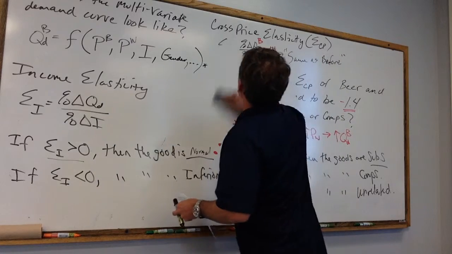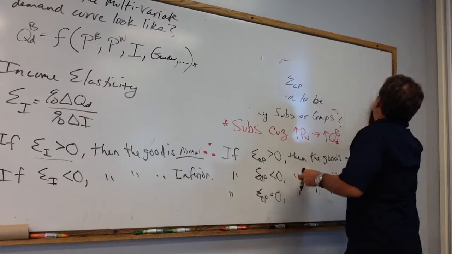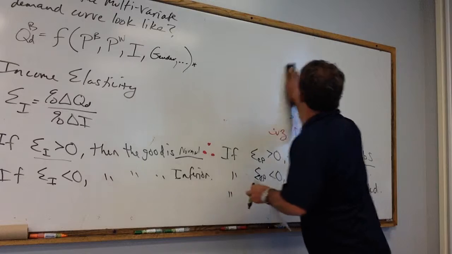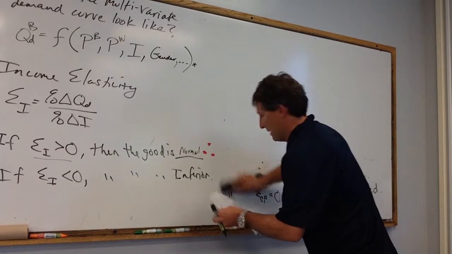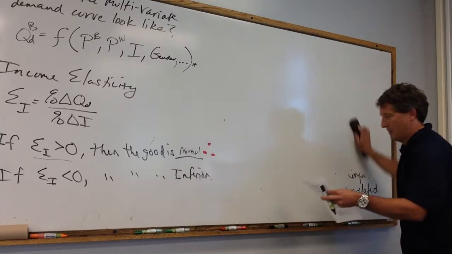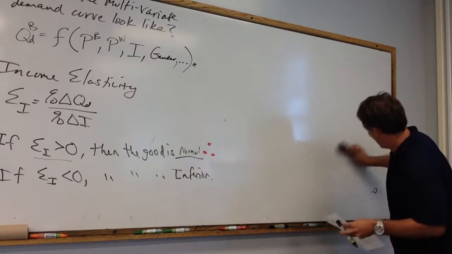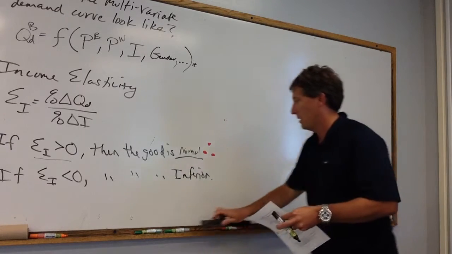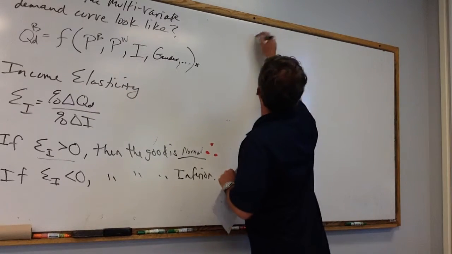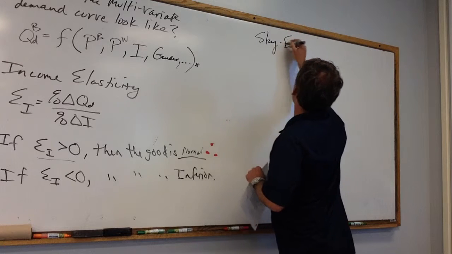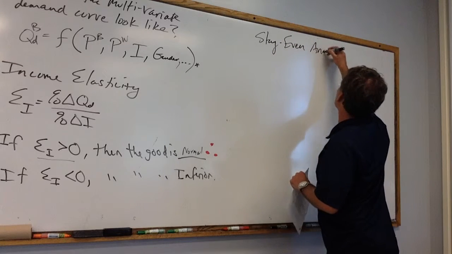All right, so let's see. The last thing I'm going to mention from Chapter 6, there's a few things I'm letting you do on your own. Not many, but it is the stay even analysis.